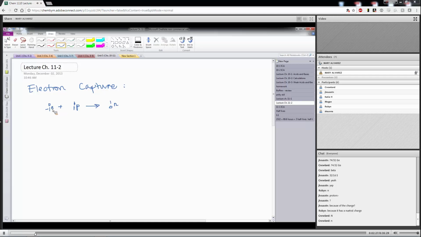So instead of emitting an electron, I'm going to absorb an electron, and it just converts protons to neutrons. So for example, mercury 197 decays by electron capture. And it forms gold 197.